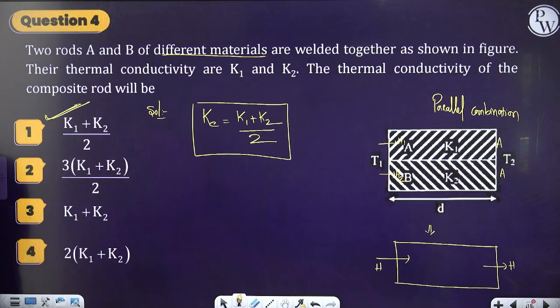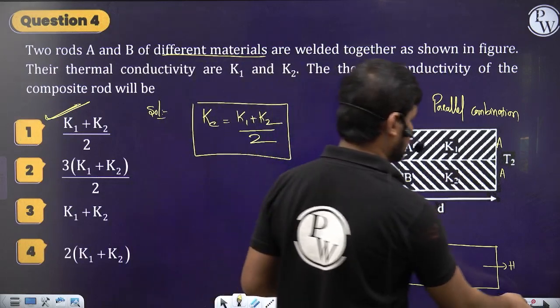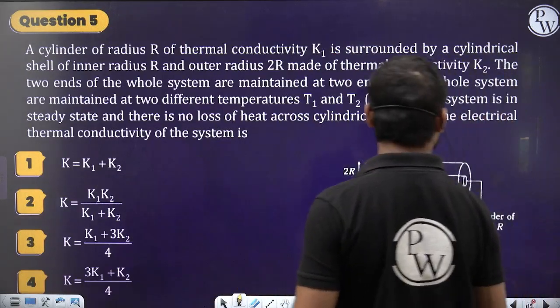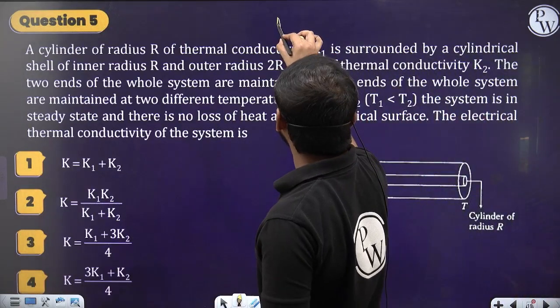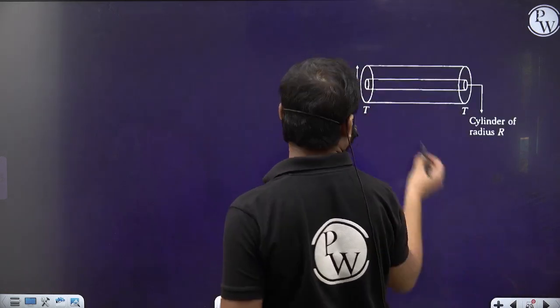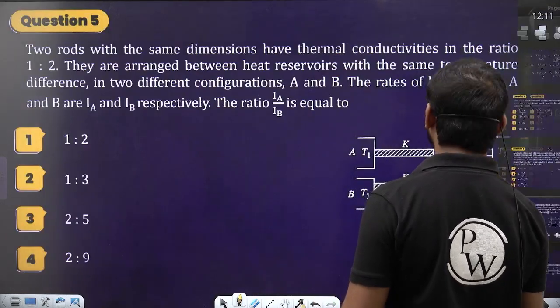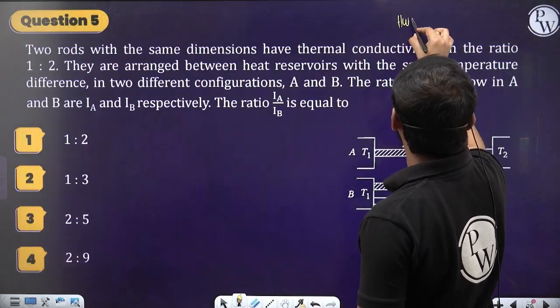Done. Good. I hope you guys can take these questions as homework. Consider this as homework 1. I am deleting this, you can solve it on your own. If you are not getting it, I'll take it in the next class. Homework 2.